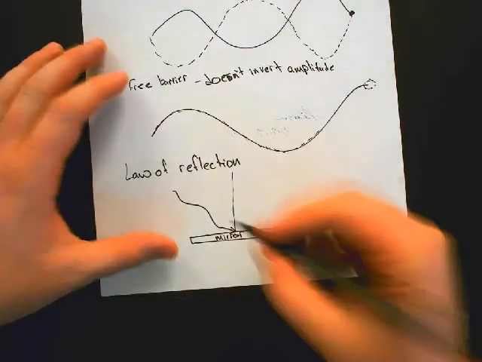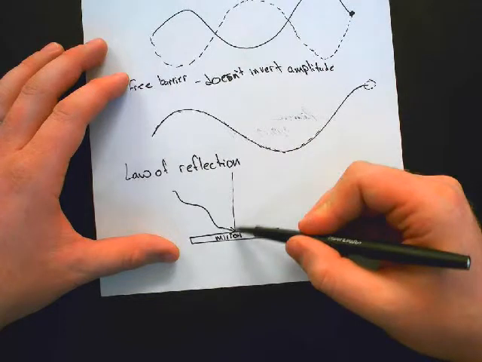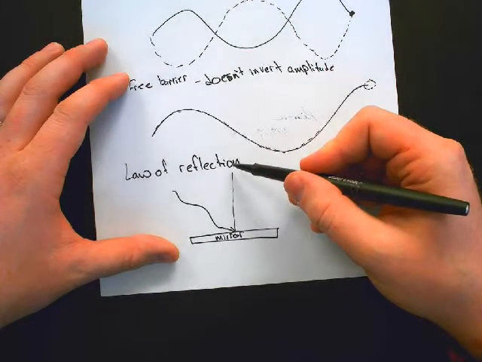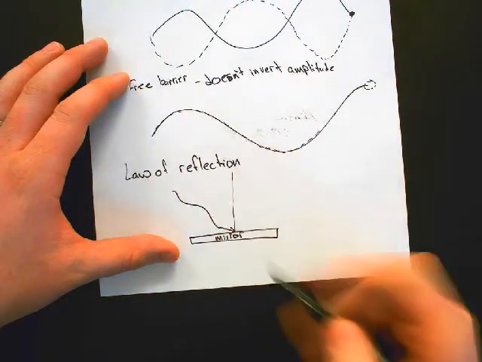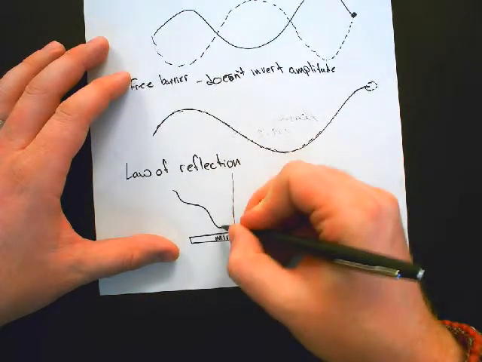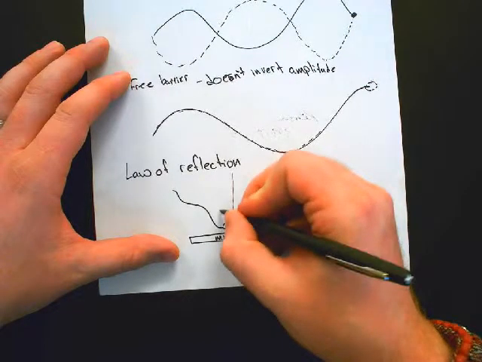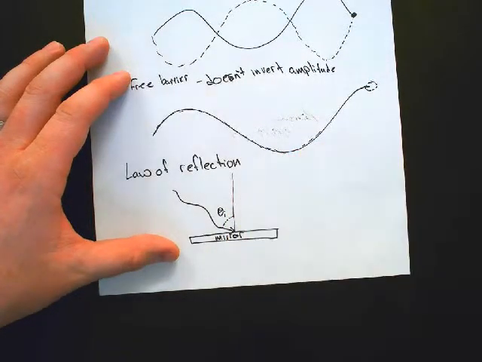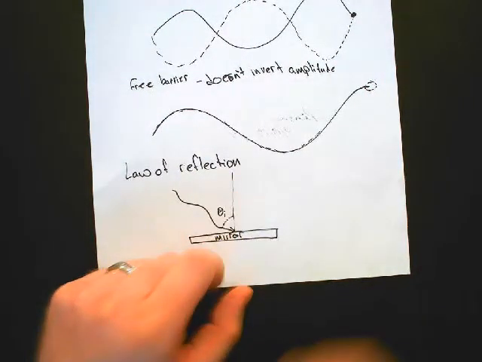Okay? This is my wave, my light wave. This is the normal line, not the reflection. Just saying this is perpendicular to the plane of the mirror. Good? So I would measure my angle of incidence here, theta I, the angle between where the wave came in and the normal.